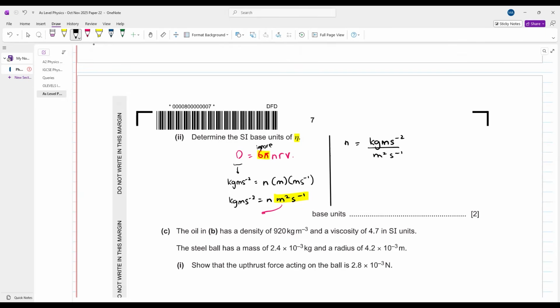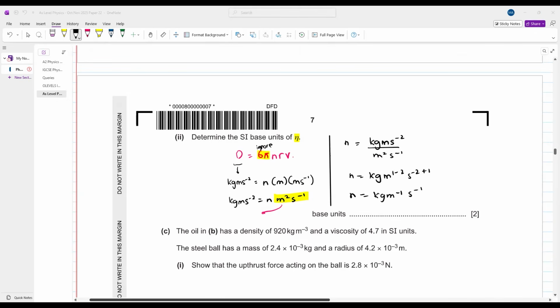Take m2 and s minus 1 to the top side. kg m to the 1 minus 2, s minus 2 plus 1. kg m minus 1 s minus 1 are your units of viscosity. ठीक है, units of viscosity आ गए, easy peasy.